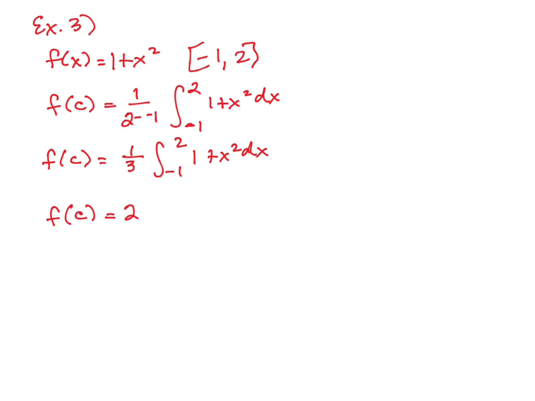So the question is, what is c such that f of c is 2? So what are we going to do? Set our equation equal to 2 and solve for c? We're saying f of c equals 2. Well, f of x is 1 plus x squared. So I'm going to say 1 plus c squared equals 2.